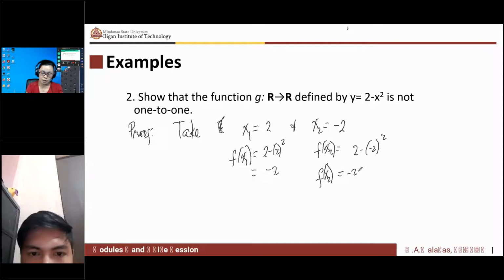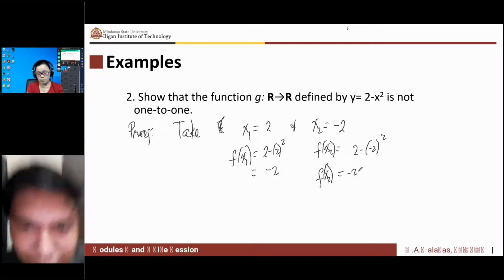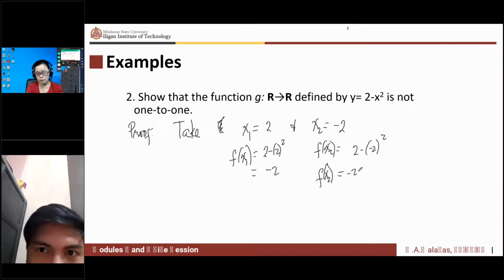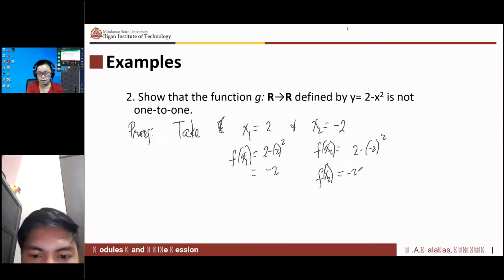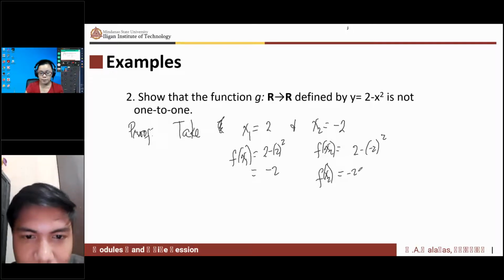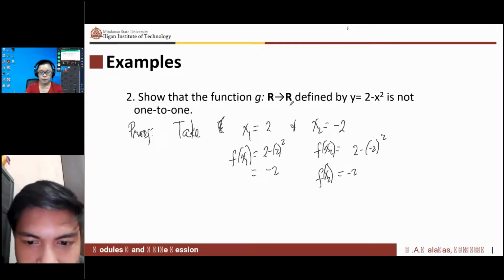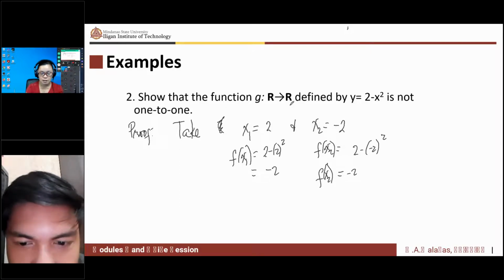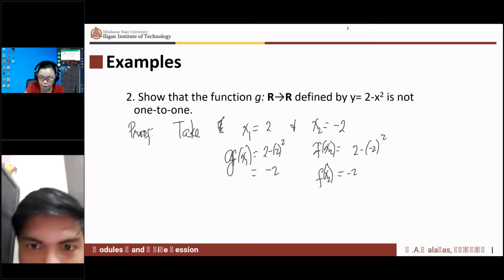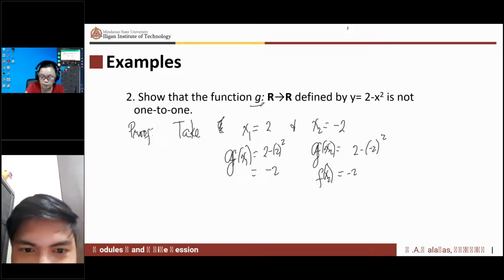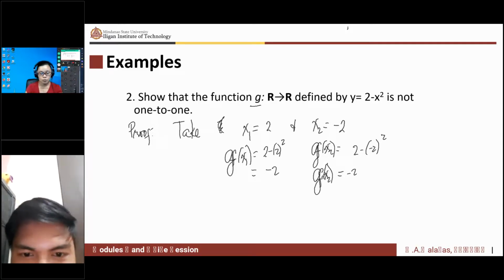So we have here two equal images, but not equal pre-images. So therefore, those are counterexamples, and g is not one-to-one. Sorry, this is g, it should not be f. We're referring to our g here.